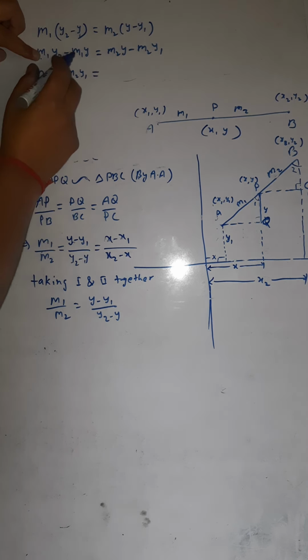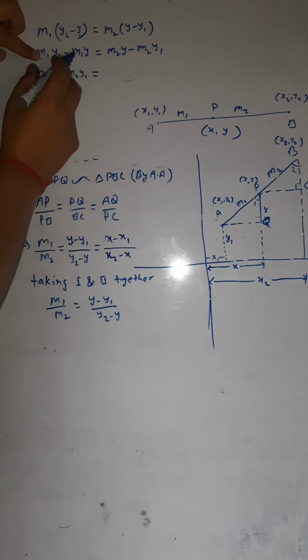If I take y common from there, what would be left inside? M1 plus M2. If you are taking y as common, inside there will be M1 plus M2. It is equal to, here nothing is common, so write it as it is: M1 y2 plus M2 y1.